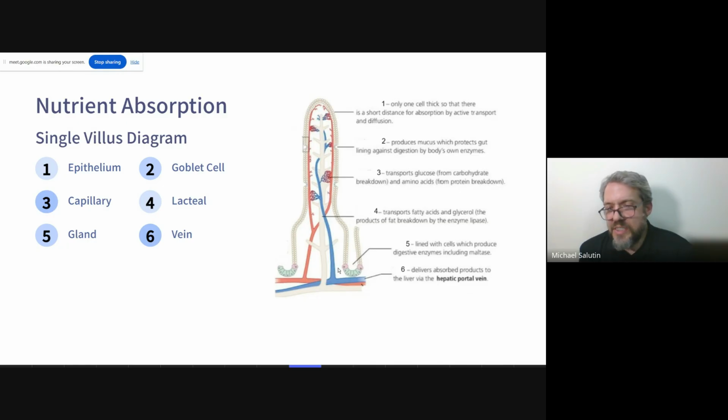Number six delivers the absorbed products to the liver through the hepatic portal vein. You don't need to know hepatic portal vein, but vein is good enough.